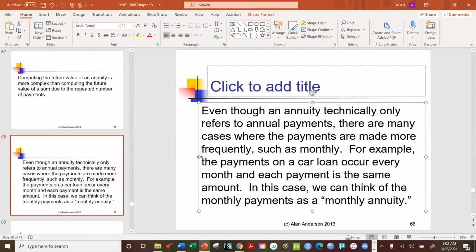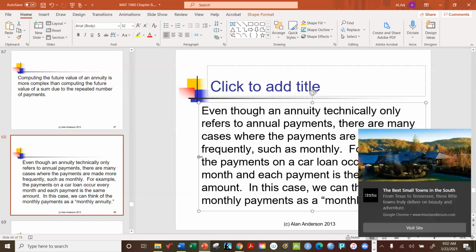So we might think of this as a monthly annuity. It is not technically an annuity, but we can think of it as a monthly annuity, and because of that, we can use the same formula whether the payments occur every year or every month, just by making the necessary adjustments. All right, so I just want to mention that right up front.